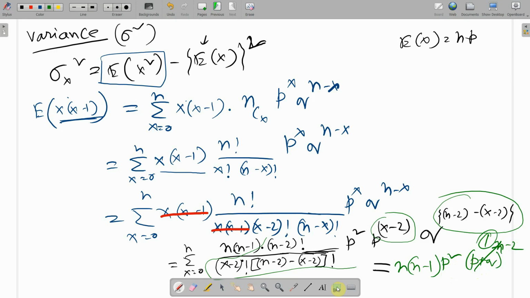Okay, so you are coming around n into n minus 1 into p square. ये मुझे मिला, क्या मिला, E of X into X minus 1.